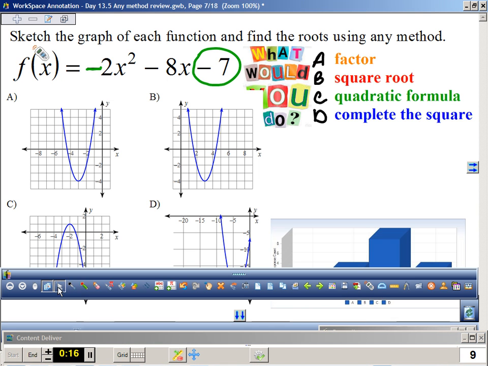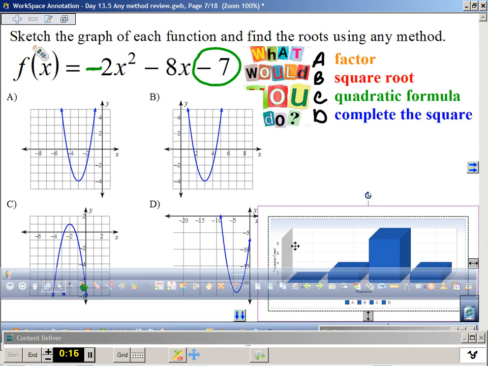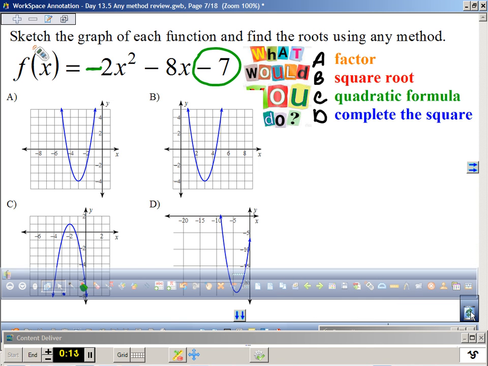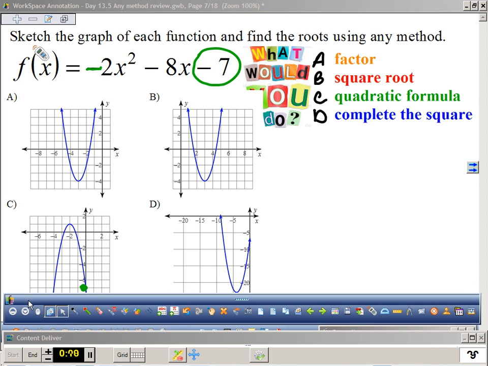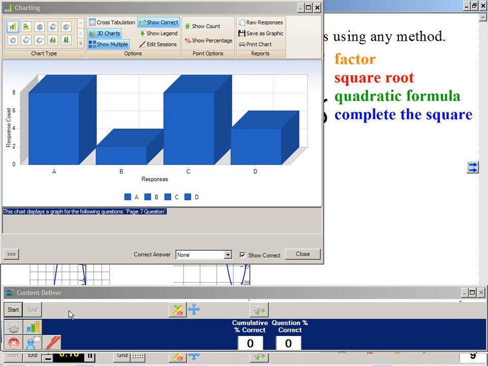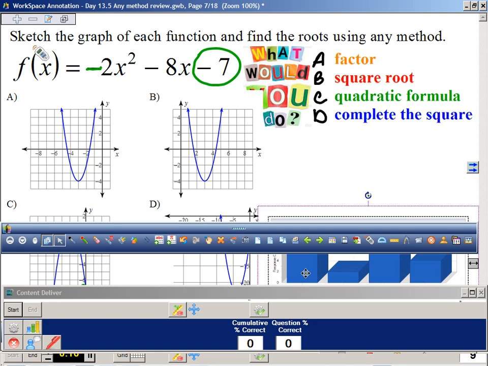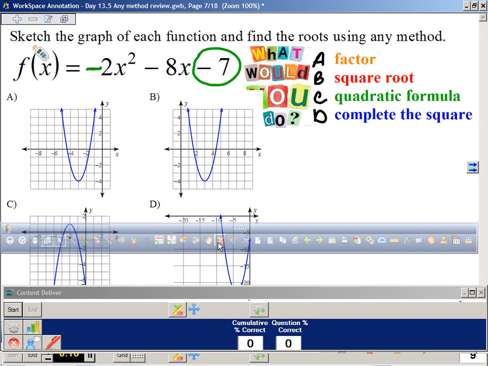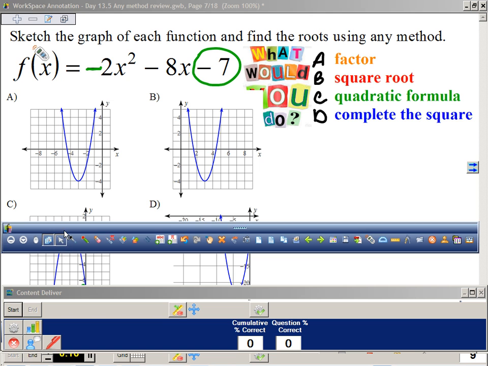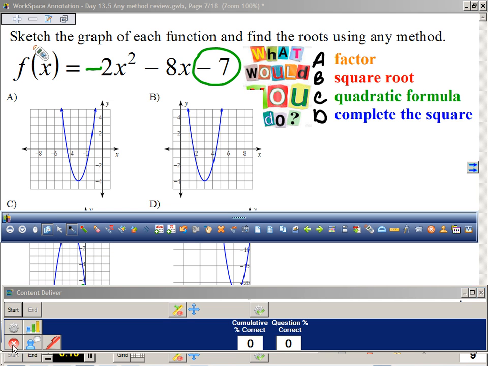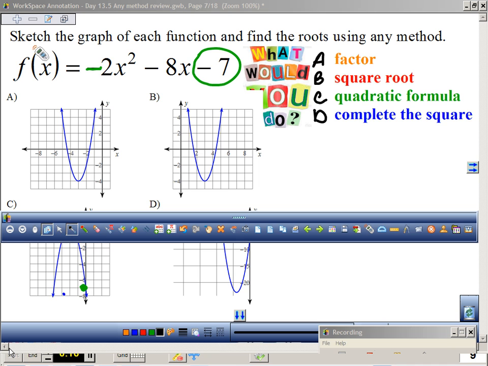Pick A, B, C, or D. Wow. A, C, D. What is it? Okay, for this particular one, well, let me do it. What do you think I'm going to pick? Why would I complete the square on this one?